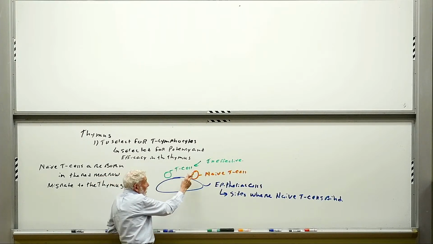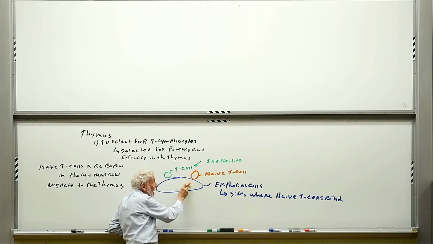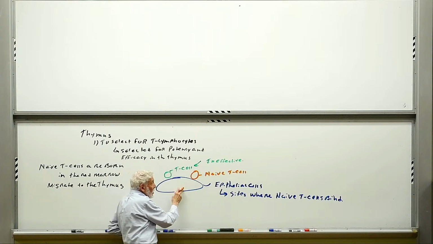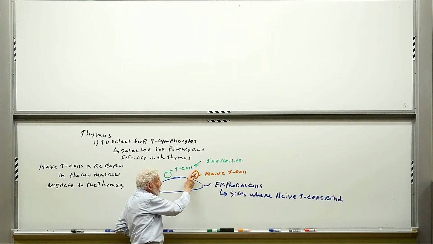And the naive T cell says, yeah, I can recognize foreign proteins. And the epithelial cell says, well, what kind of proteins can you recognize? And the naive T cell says, I'll recognize any protein you throw at me. I don't care. In that case, the epithelial cell says, naive T cell, you recognize any proteins, you'll recognize our own proteins as foreign, you're dangerous, go die, and withdraws growth factors.